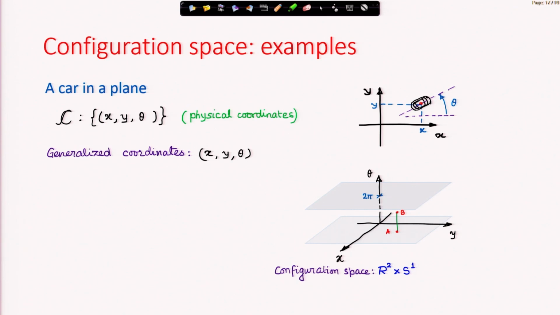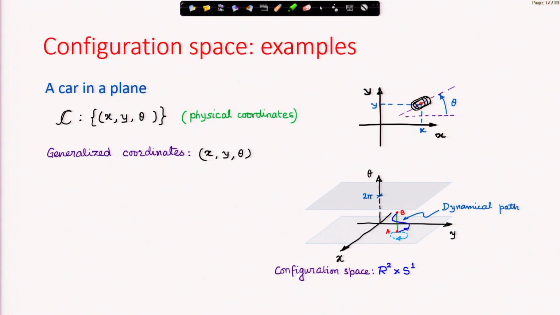Though the points represent the configuration all right, but arbitrary paths may not be possible, because there is a rolling constraint, the car cannot slide sideways. There can be dynamical paths which specially satisfy certain constraints which the car has to satisfy.